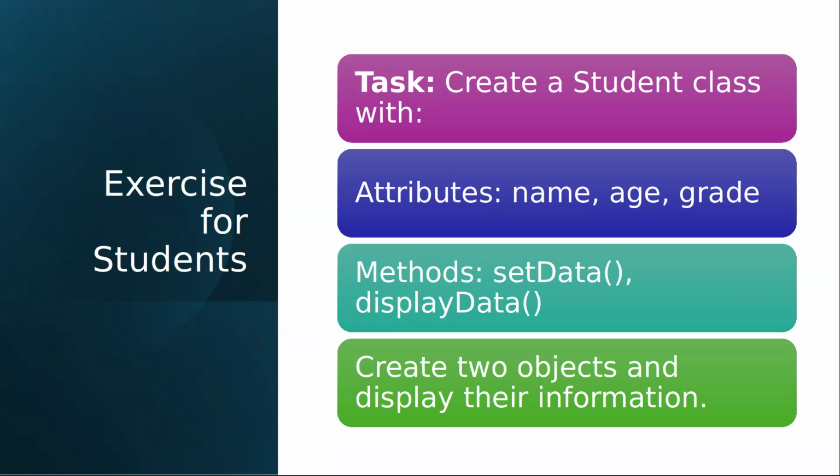After defining the class, create 2 objects, for example, one for Ali and one for Sarah, and display each student's information. This small task will help you understand how a class defines structure and objects hold actual data. It's the first step toward writing complete object-oriented programs on your own.